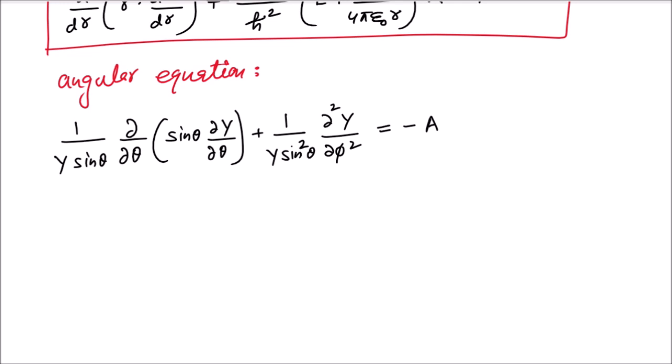The radial part is taken as equal to a, so it should be equal in magnitude but opposite in sign.